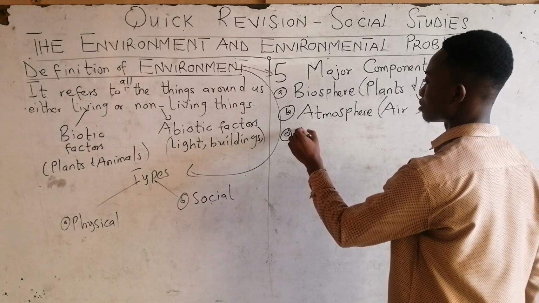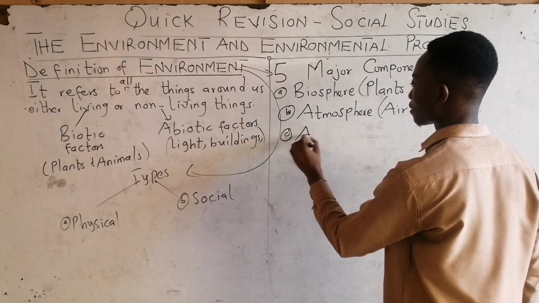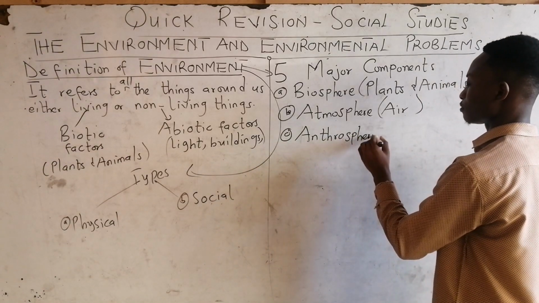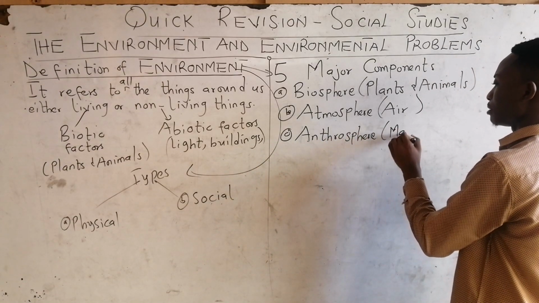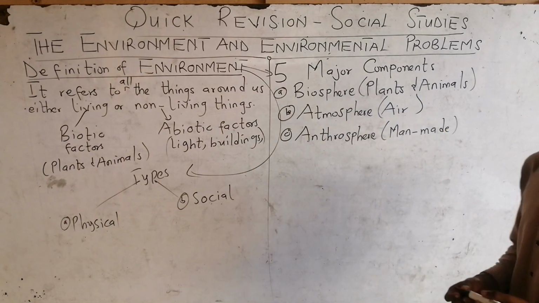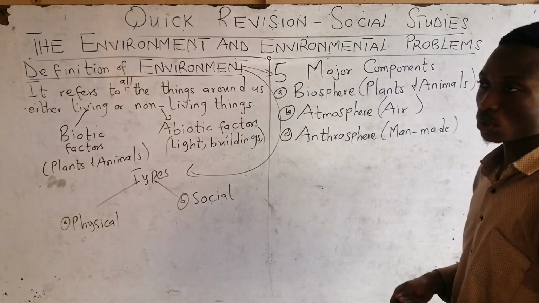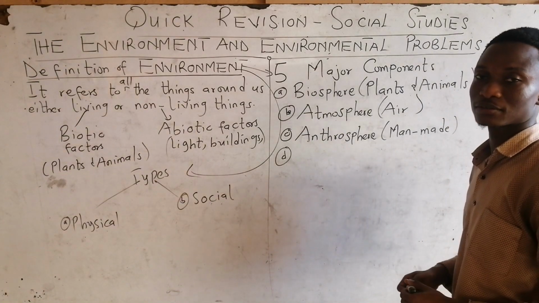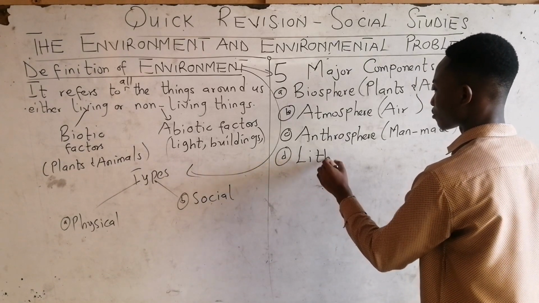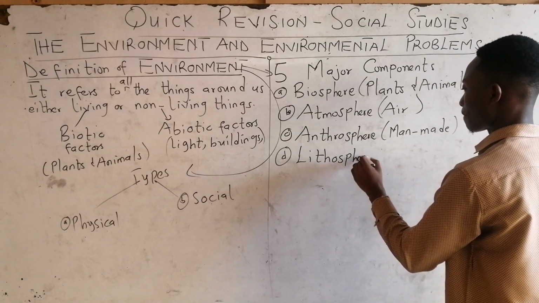The next, so anthrosphere. These are the man-made things, things that were made by man: buildings, cars, dogs, the land itself. The lithosphere.